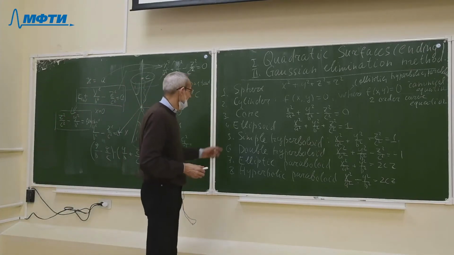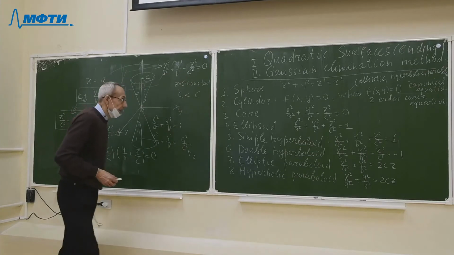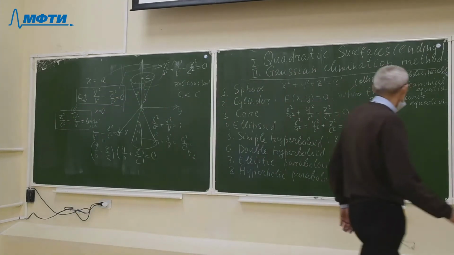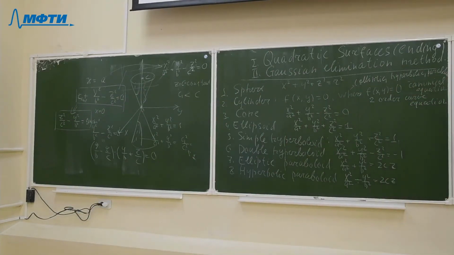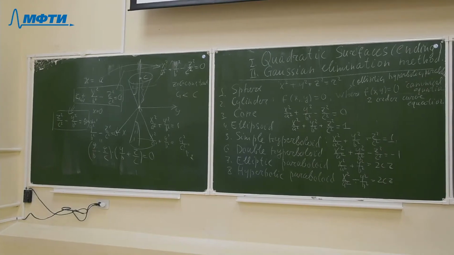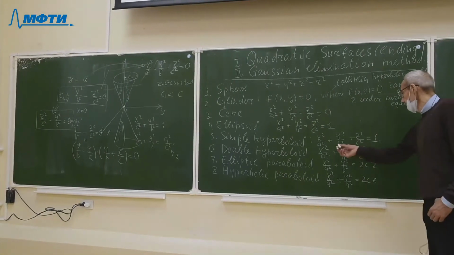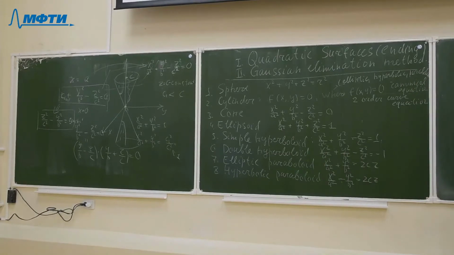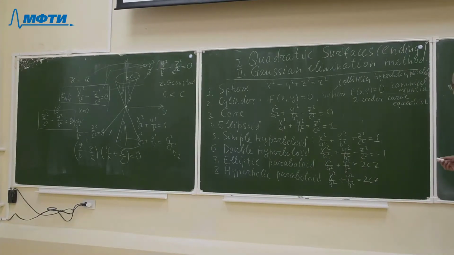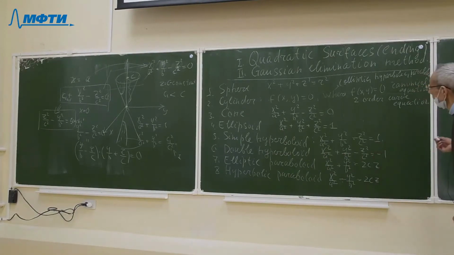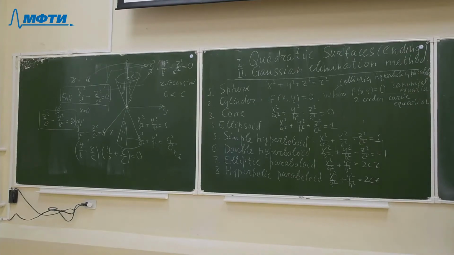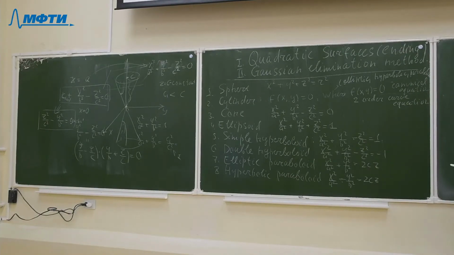The following example, ellipsoid. We also consider the section of these surfaces by the plane. We consider traces and contours in the case of the ellipsoid.